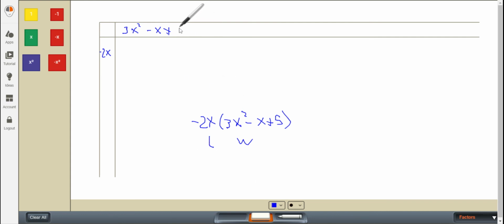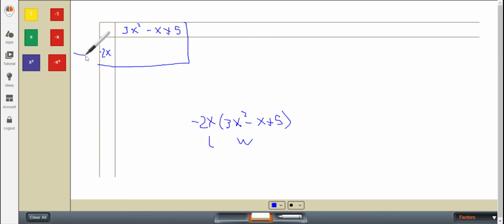Sorry about my plus, it's not very nice, but you know what I'm trying to do. Good. And here is my rectangle. Sometimes I can break it down into 3 parts. I think in this case it is good enough like this. So let's do this multiplication.